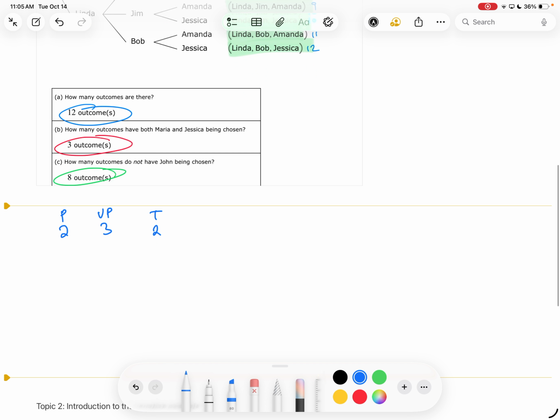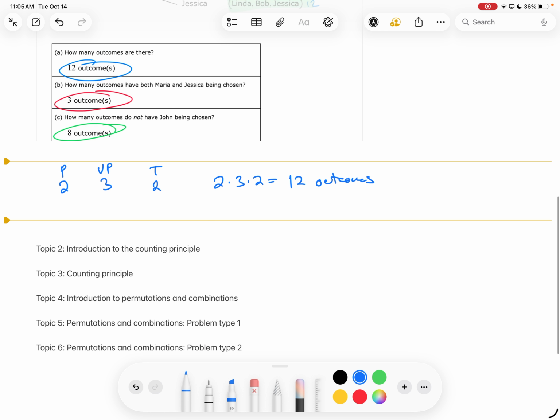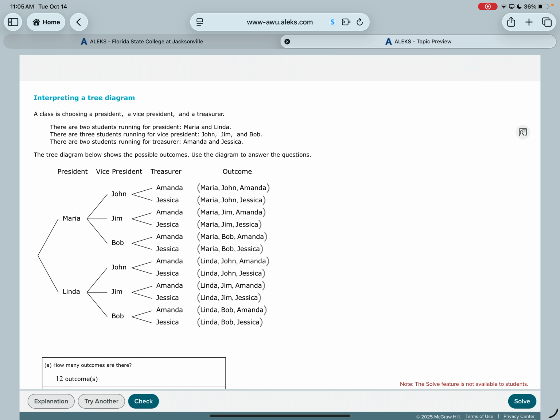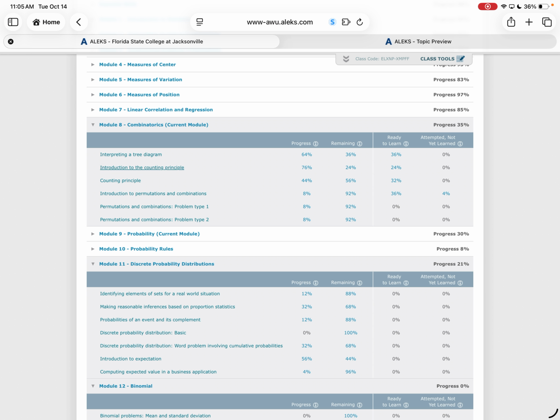What you can do is use the multiplication, or counting principle: you can just do 2 times 3 times 2, and there are 12 outcomes. That'll tell you how many different outcomes are available. So that is the counting principle, which is the basis of what we're doing today.